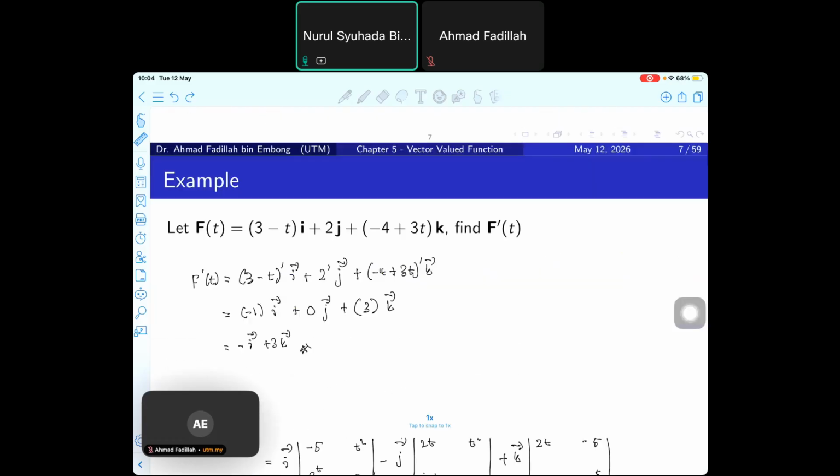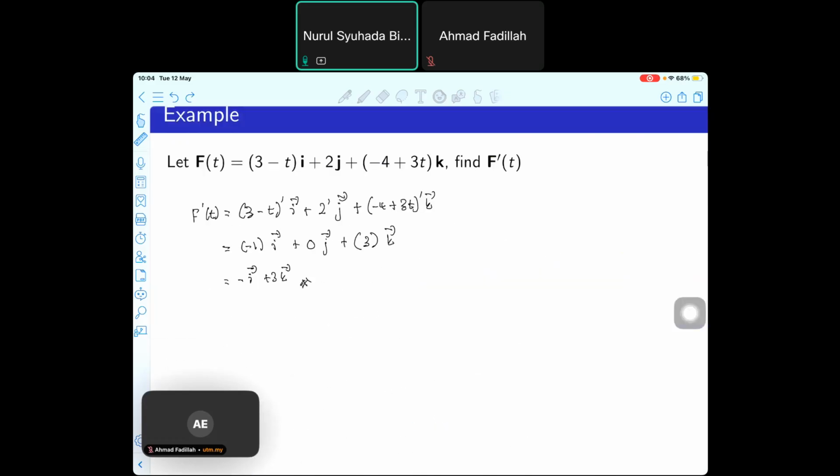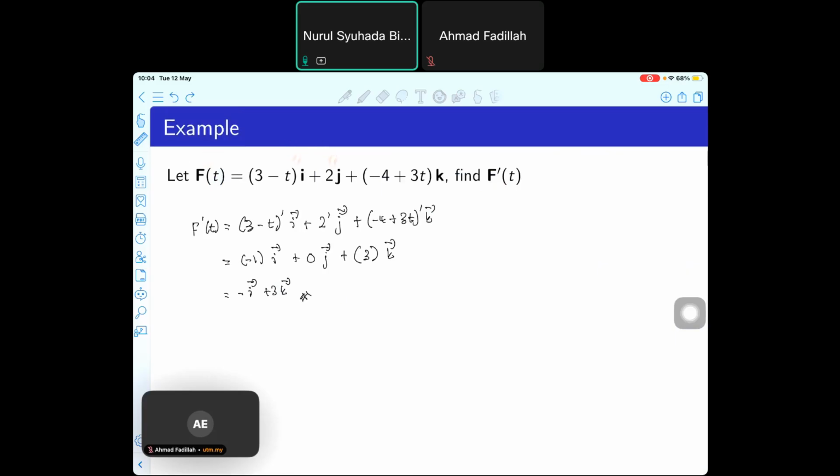Okay, so let us look at an example over here. Let f be given by this one, and find f prime. Like I said before, to find f prime, we need to find the derivative of each of the components: the i component, j component, and also the k component.